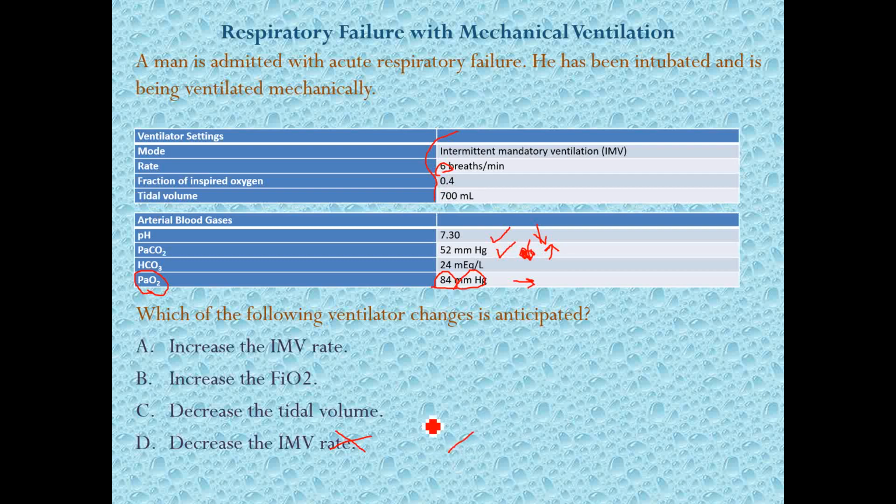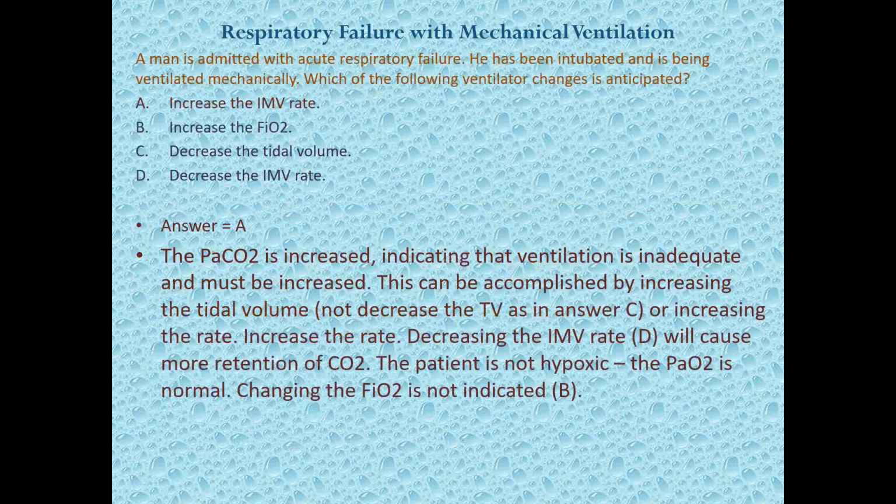We definitely don't want to decrease the tidal volume because that also will cause CO2 retention. We don't want to change the FiO2. The oxygenation status on this patient is just perfectly fine. So the only option left is to increase the IMV, intermittent mandatory ventilations. That is the rate of the ventilator. We want to increase that.